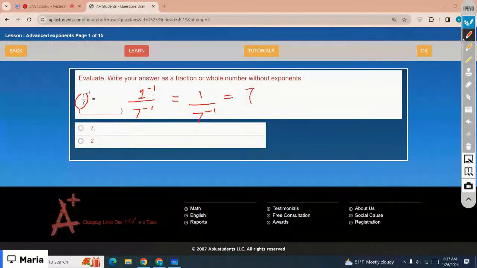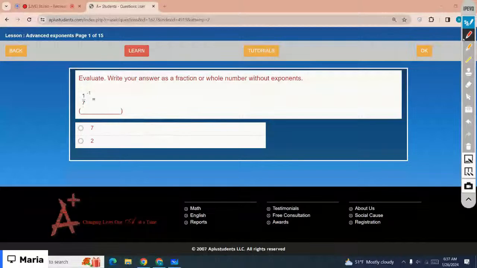If you have a negative exponent in the denominator, you can write it in the numerator with a positive sign. So the correct option is 7. Got it? The correct option is 7.